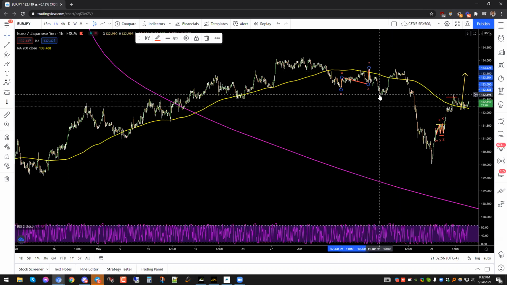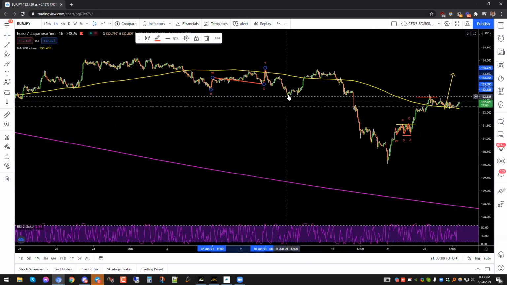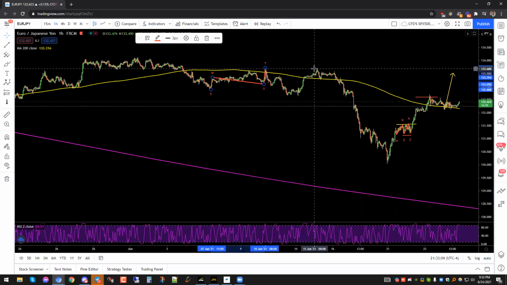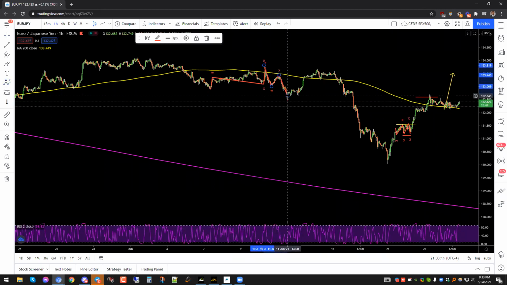This one is a flat. You can see this clearly that it's a 1, 2, 3 up, 1, 2, 3 down, and this is 5 up. So that's a flat. So this is three waves. I'll change the color on that.